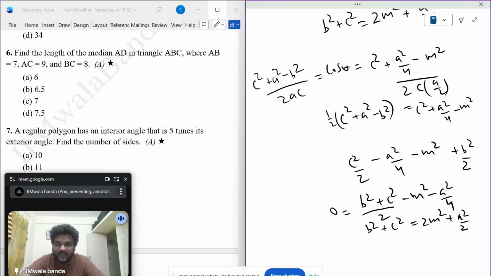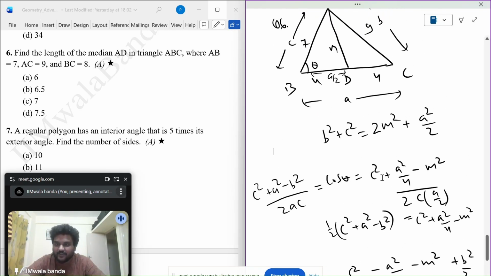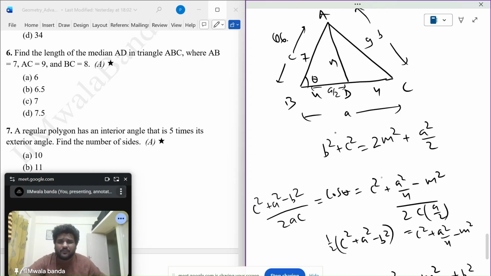So in case you forget, you should be able to quickly derive it, but I would suggest that you remember this theorem, and after, if you remember it or you derive it, the question becomes nothing now. We need to find out m and we have to just substitute the values. Also remember that wherever this median is coming from, the formula applies like that.